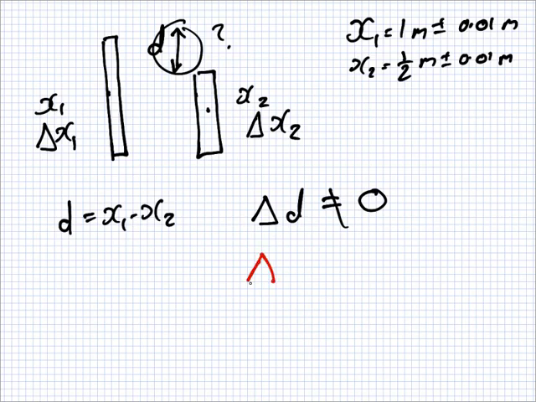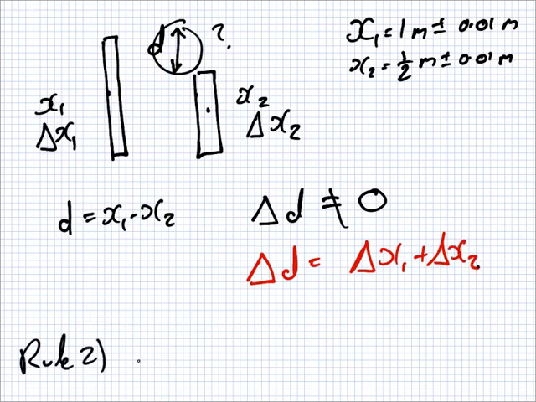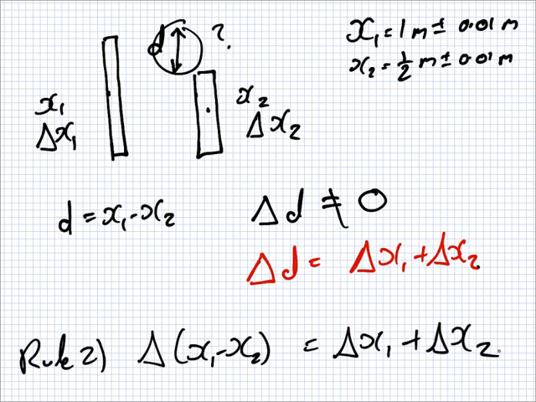Well, in fact, it's still plus together. So the second rule is that if you want the uncertainty in the difference, it's still the uncertainties added together.